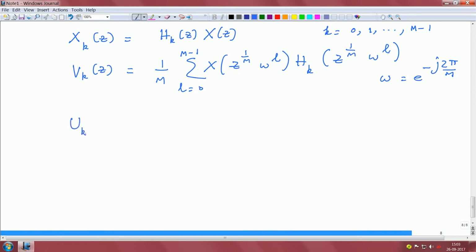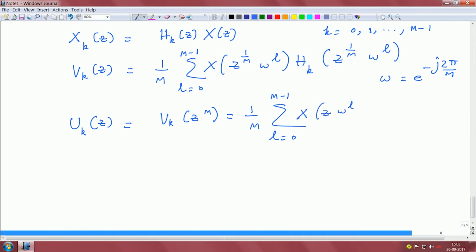Then we have Uk, which is Vk of Z power m post expansion, and you can write this as 1 upon m sum L equals 0 to m minus 1 x of Z omega power L H k of Z omega power n. So, this step is also straightforward.